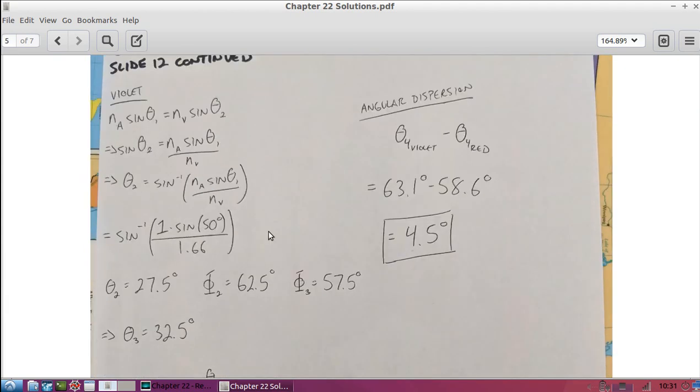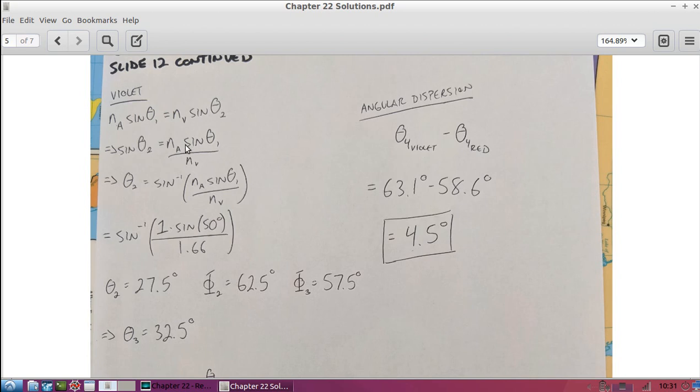So hopefully after watching the video you took a minute and did this for violet already. This is good practice because again the process is the same, just a different index of refraction for violet. Snell's law at the first surface of the prism, we're solving for theta 2, that first refracted angle.